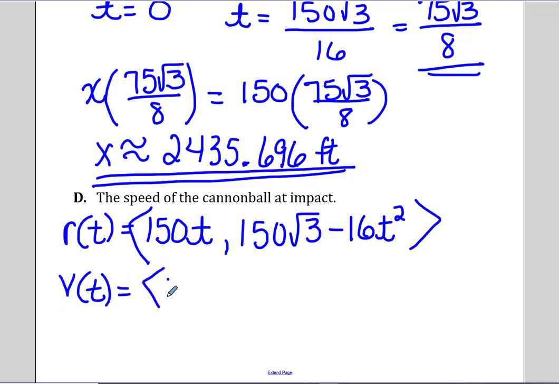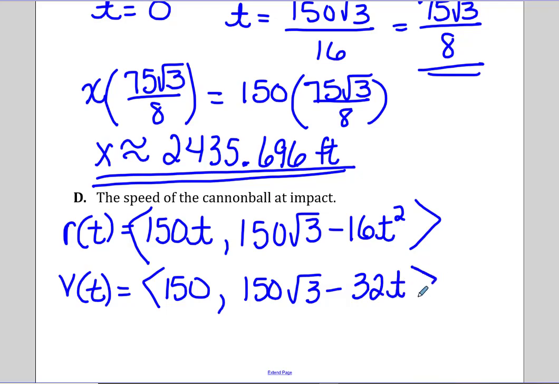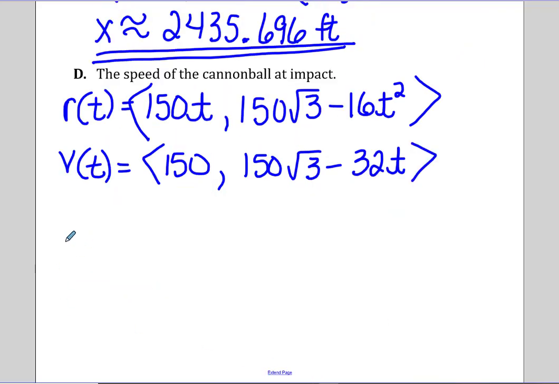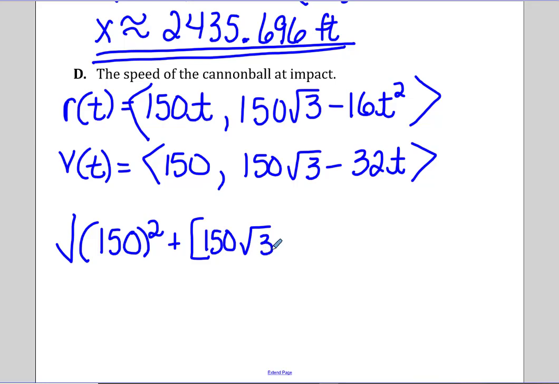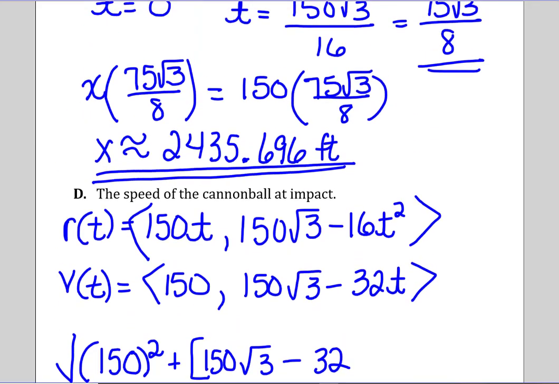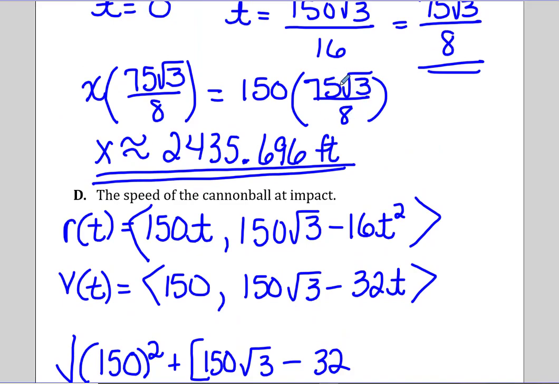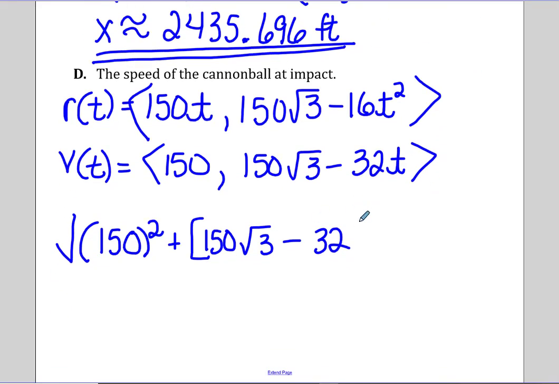So the velocity would be 150 and then 150 radical 3 minus 32t, and then speed is the square root of the x component squared plus 150 radical 3 minus 32, and then the impact was what? 75 square root of 3 divided by 8.